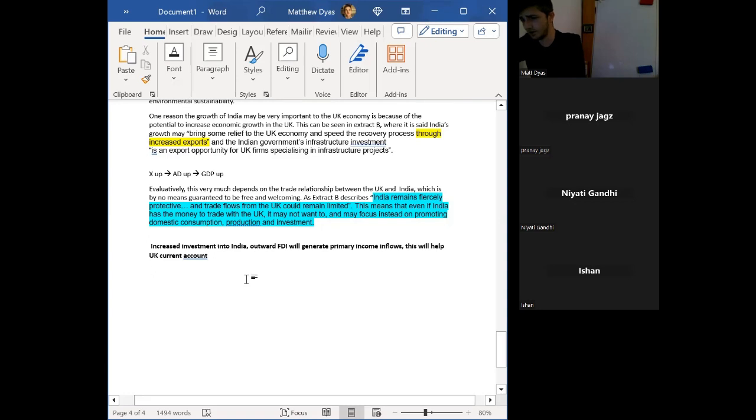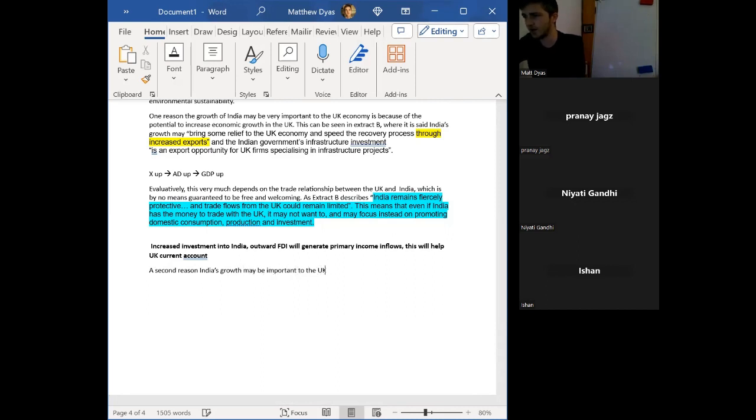So, a second reason. Always use the question as directly as possible. Quote the question basically in your first point. A second reason India's growth may be important to the UK.